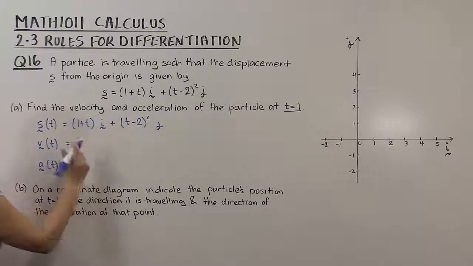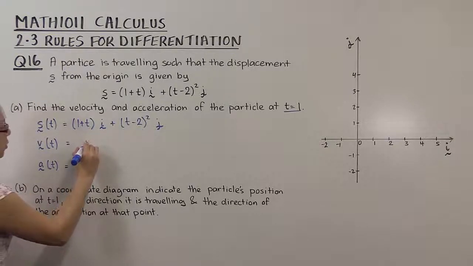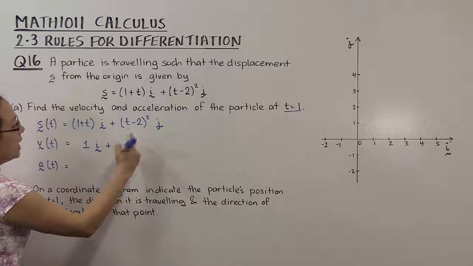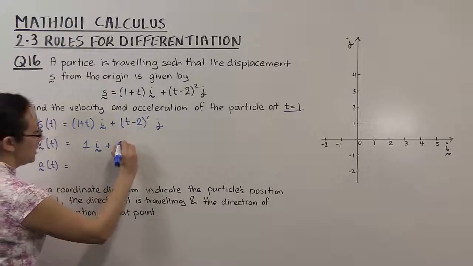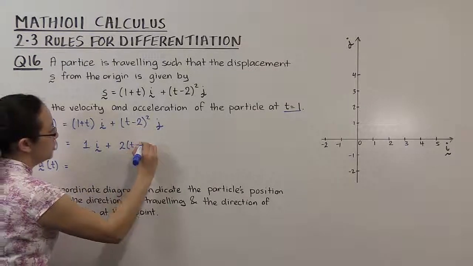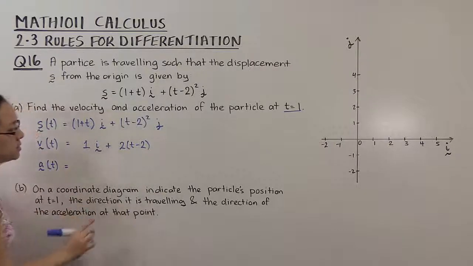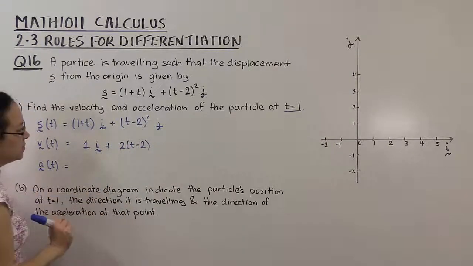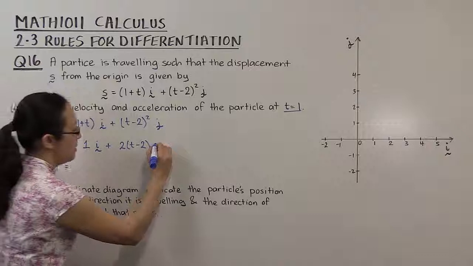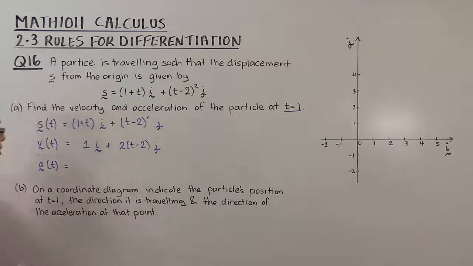So 1 + t differentiates to 1, and (t − 2)² differentiates to 2(t − 2) to the power of 1 times 1, but we don't need to write that, and that's in the j direction. So this is my expression for the velocity of the particle at any given time.